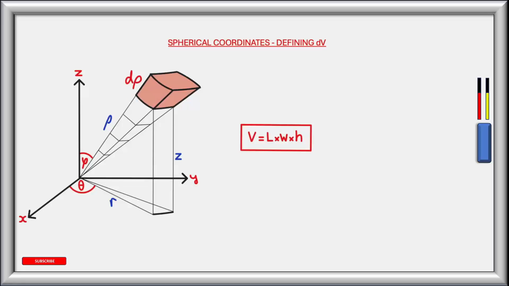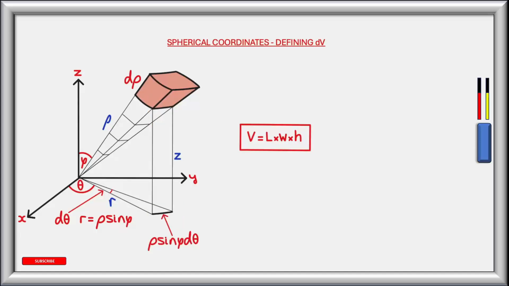If we extend lines down from the rectangular box, we see that the width dimension of the box, circled here, also lies parallel to the xy plane, circled here, and is the arc of a circle where the radius of the circle we saw was r when using cylindrical coordinates. We also saw that r translated to ρ sin φ when using spherical coordinates.